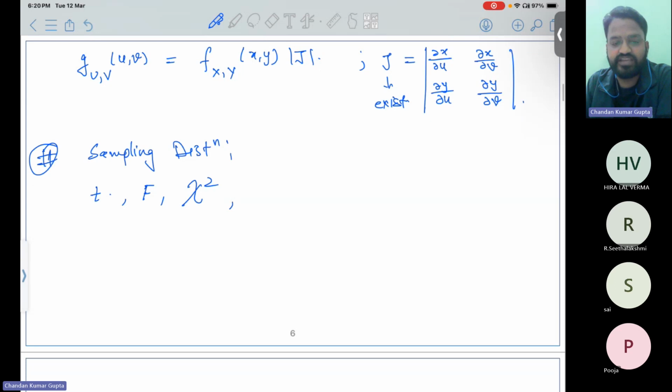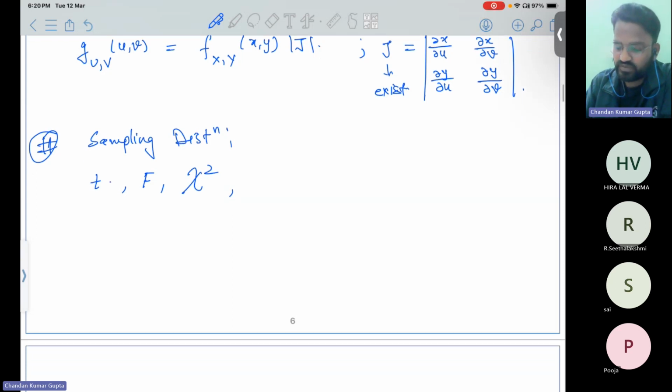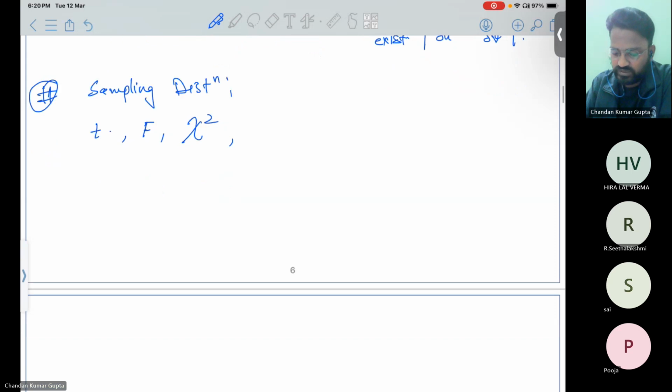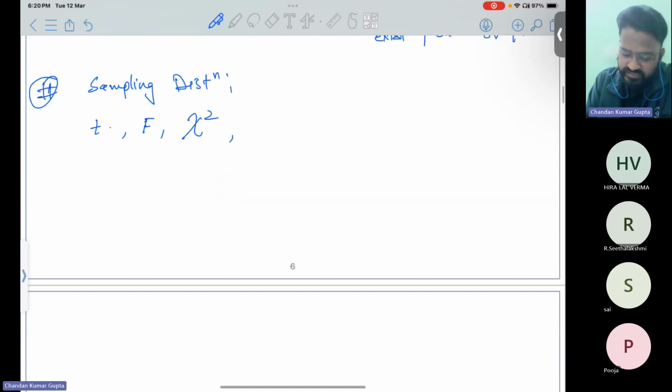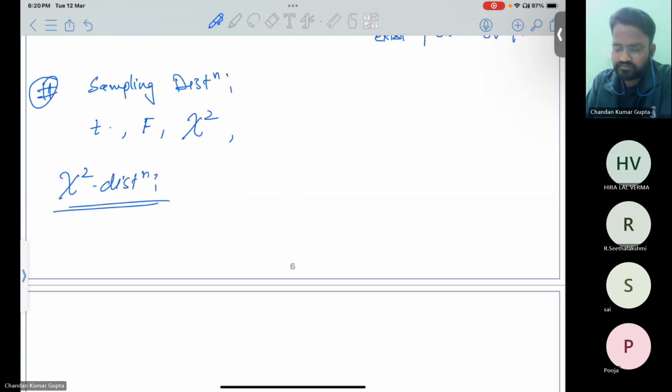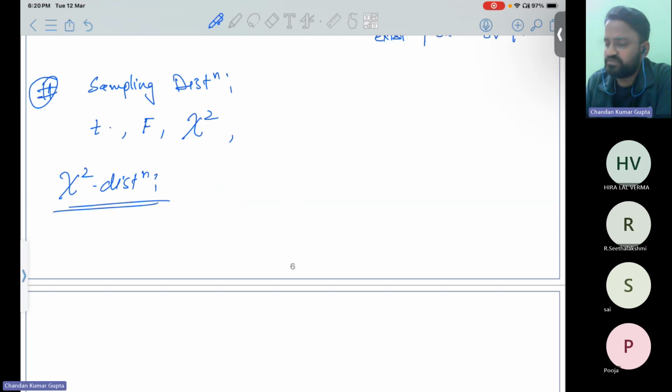And in this week's lecture, we are mainly discussing the chi-square distribution. Suppose W is a chi-square variate.